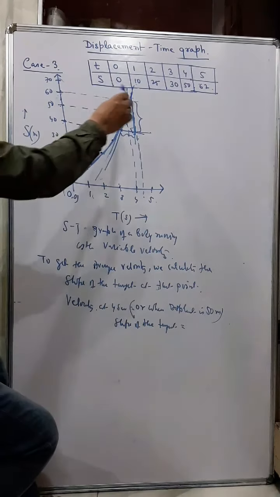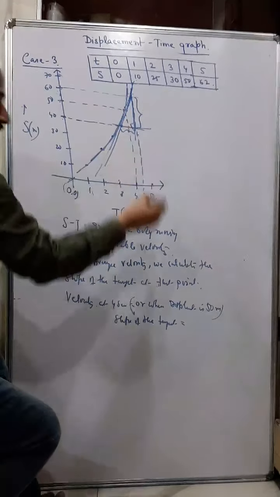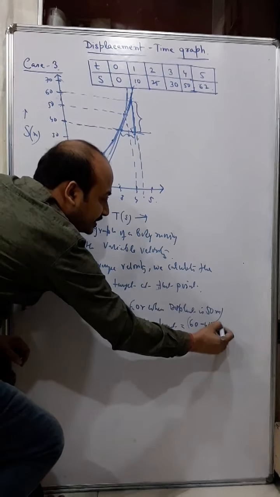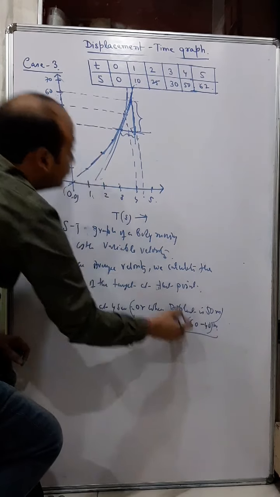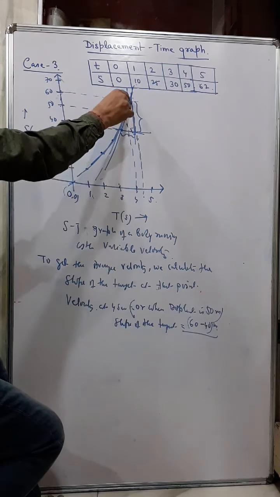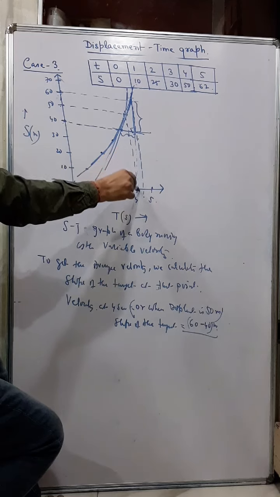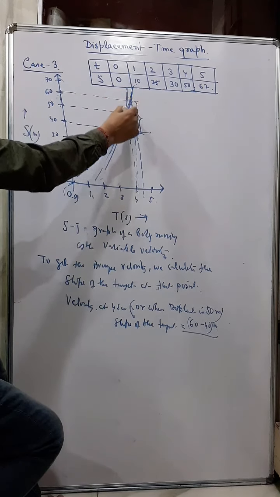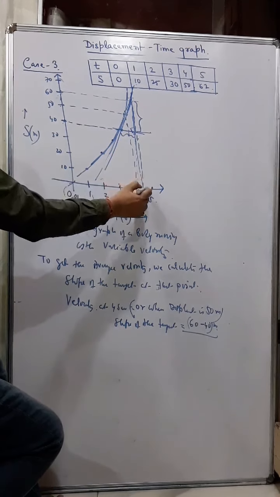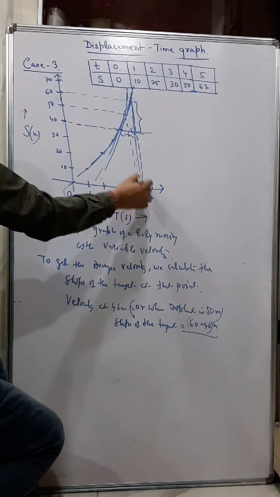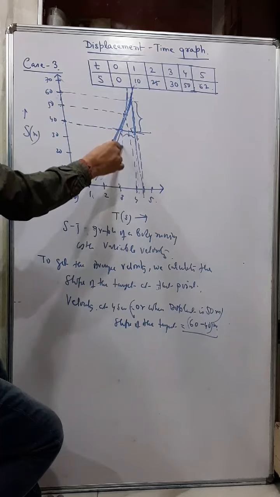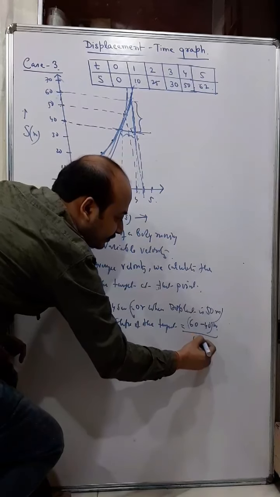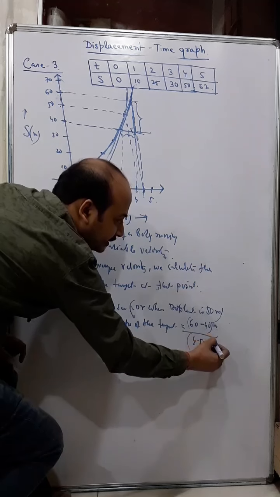Slope of the tangent means here we will get what? 60 minus 40 meter, and here you can see this time, suppose it is 4.5 and this time it is 3, so we are getting 4.5 minus 3 seconds.